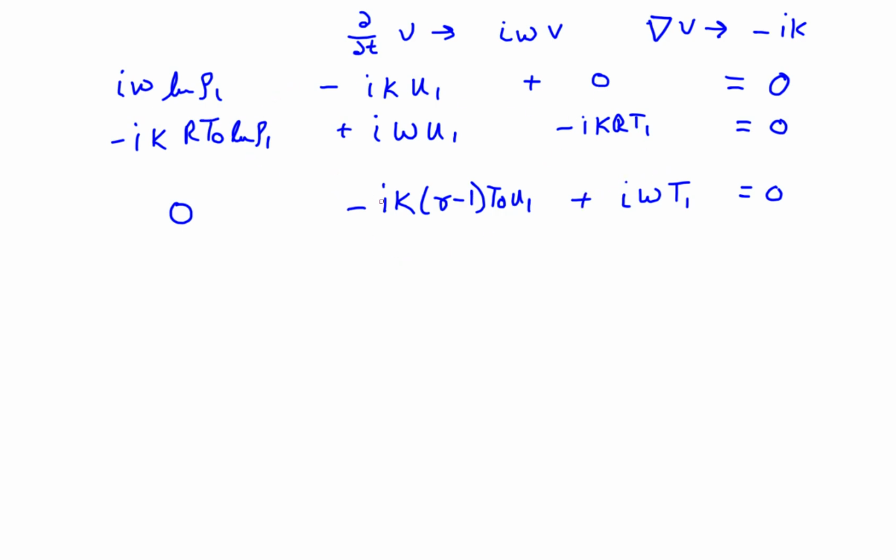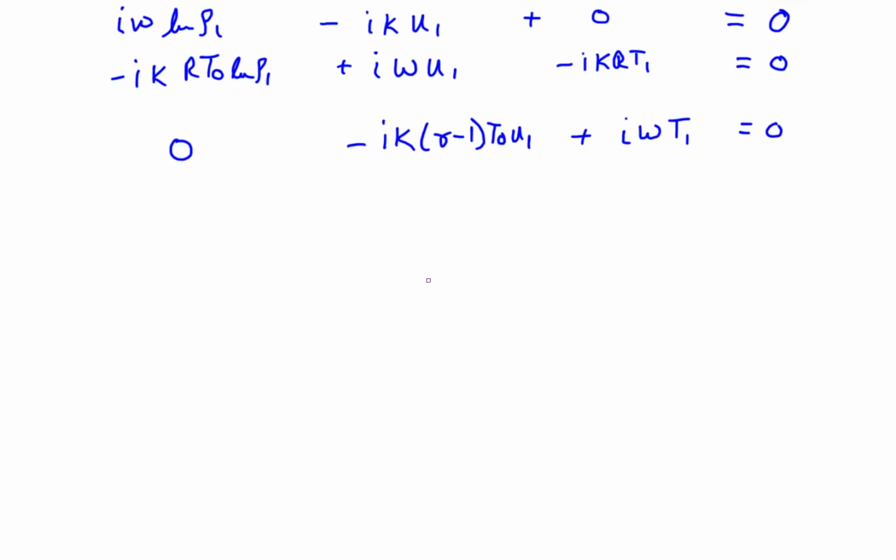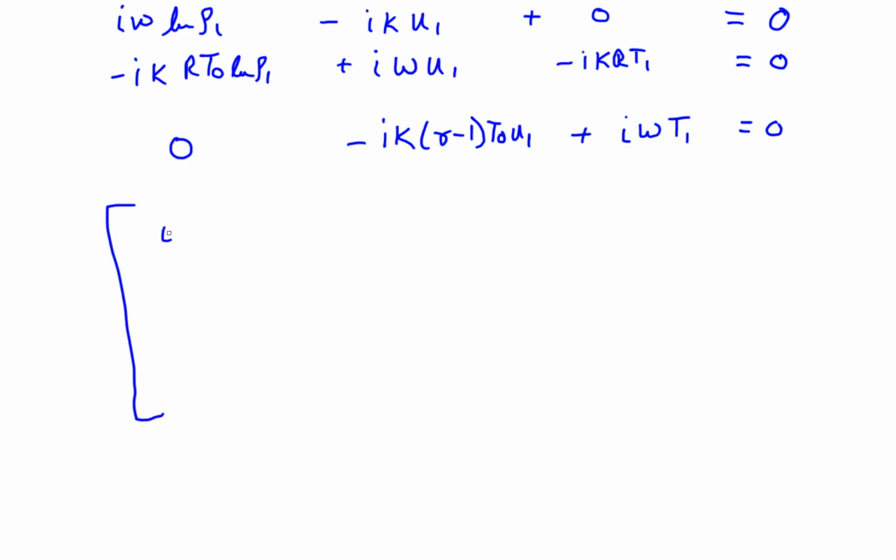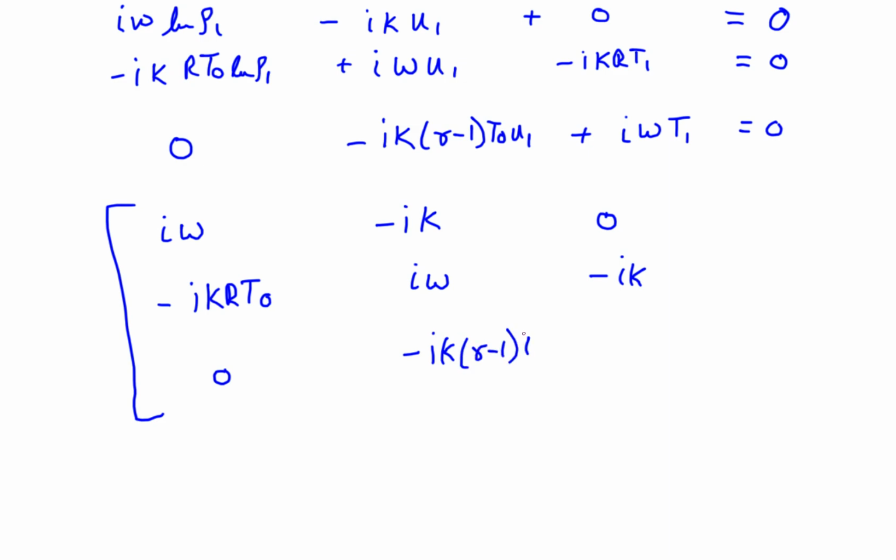I've written this here as a set of linear equations. We could also write this, of course, as a matrix: i omega, minus i k, and 0; then minus i k R T0, i omega, minus i k; and then 0, minus i k (gamma minus 1) T0, i omega.